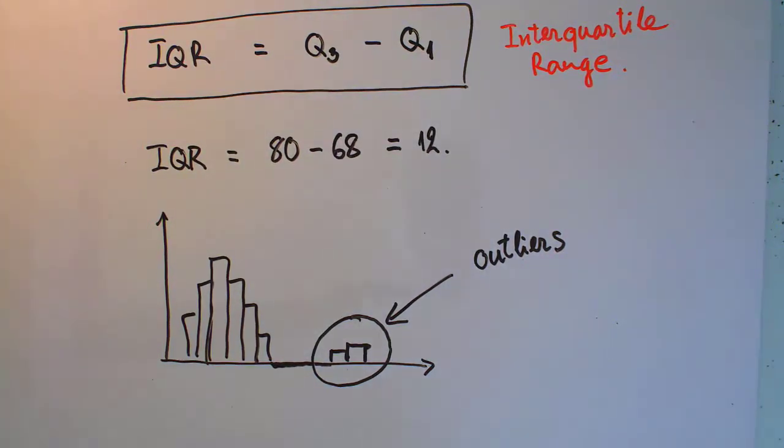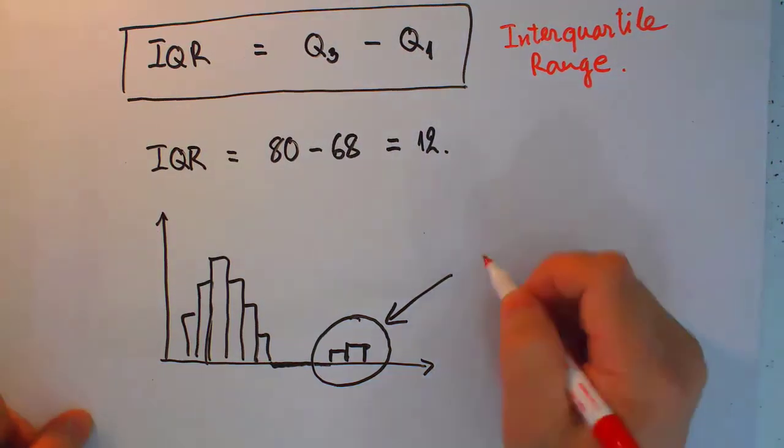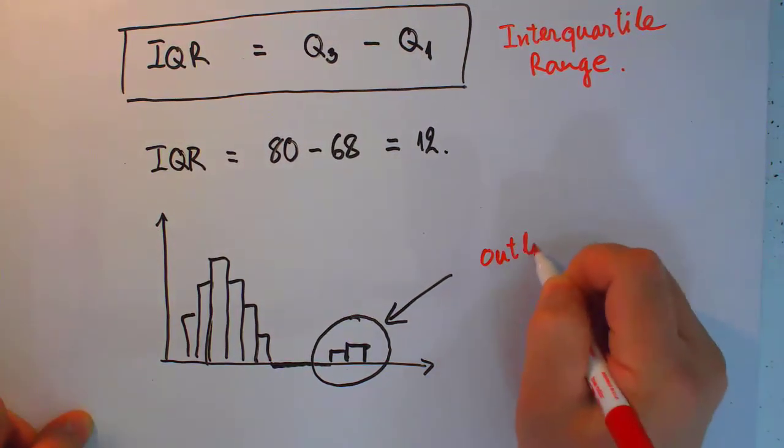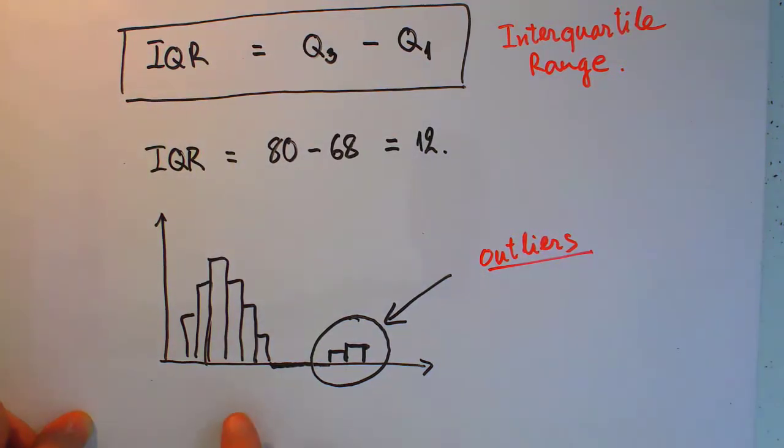It should be a formal terminology here, that these guys are outliers. It's not necessary to bring up a worded definition of what outliers truly are, but just think about a histogram like this.